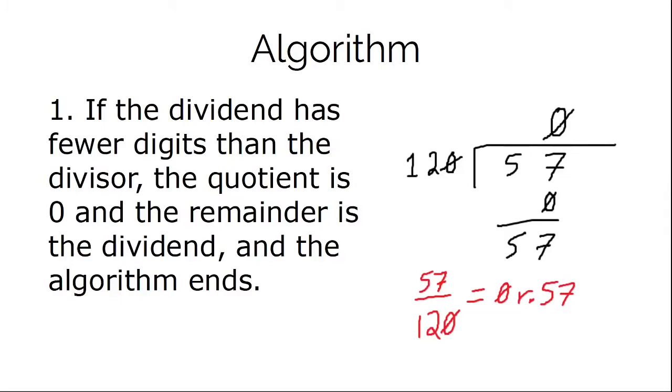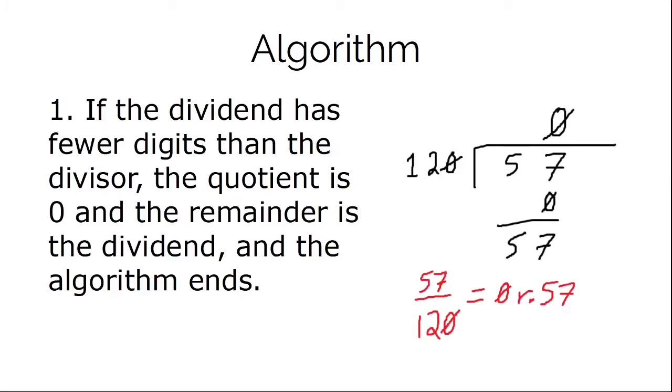On the left hand side of the screen we have the step that we're currently looking at, and on the right hand side we have an example of each step so that it's easier for you to visualize it. Now the first step is, if the dividend has fewer digits than the divisor, the quotient is 0 and the remainder is the dividend, and the algorithm ends.